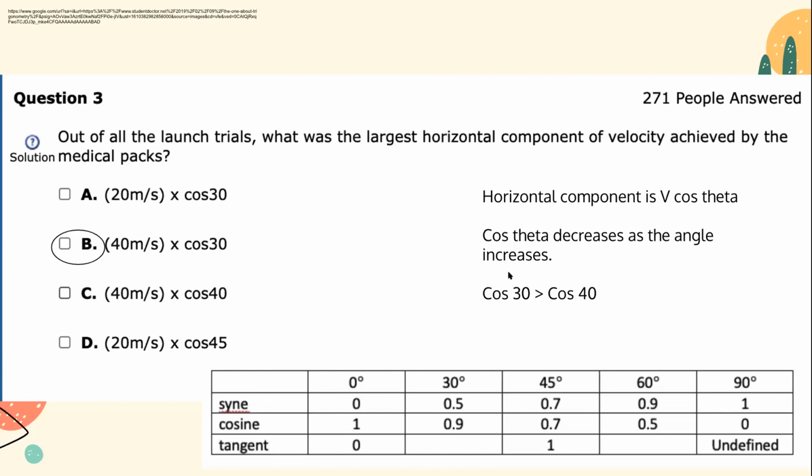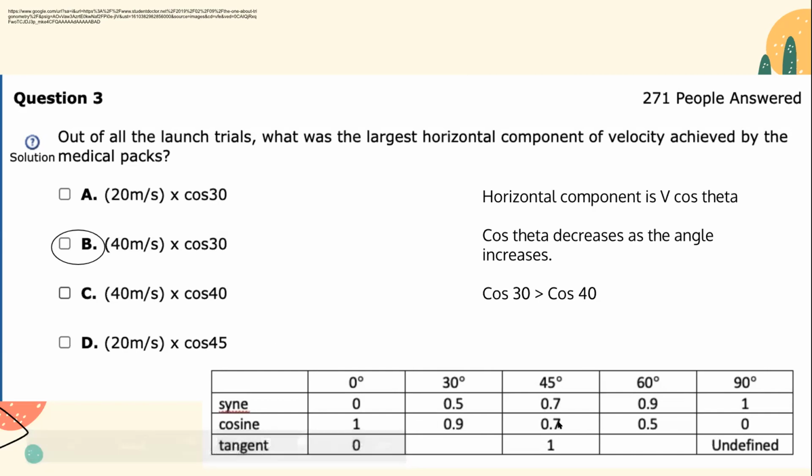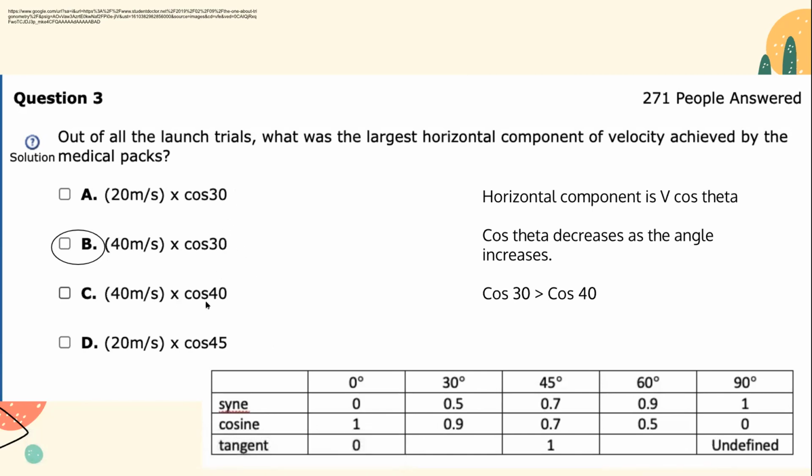So in cosine, as the degree increases, the number actually decreases. So a larger angle will have a smaller value. So we want to choose the theta that is the smallest. So we can cross off C and D, and 40 is a bigger number than 20, so B will be greater.